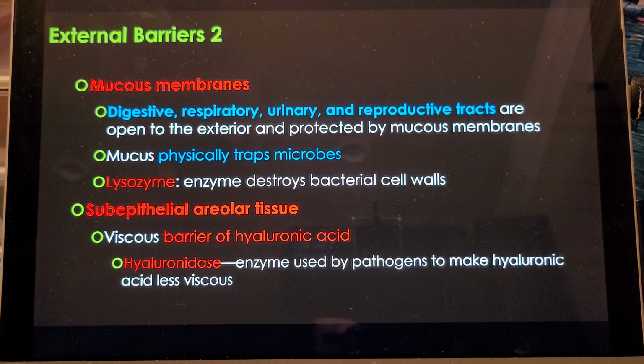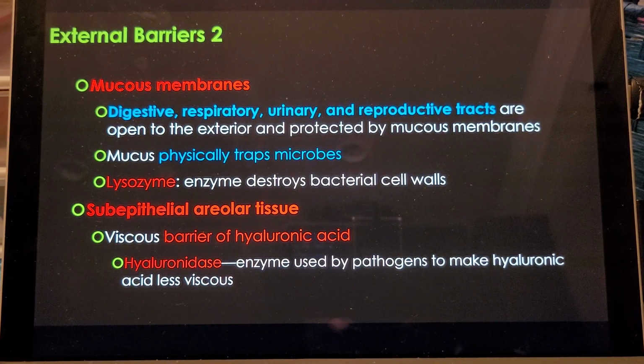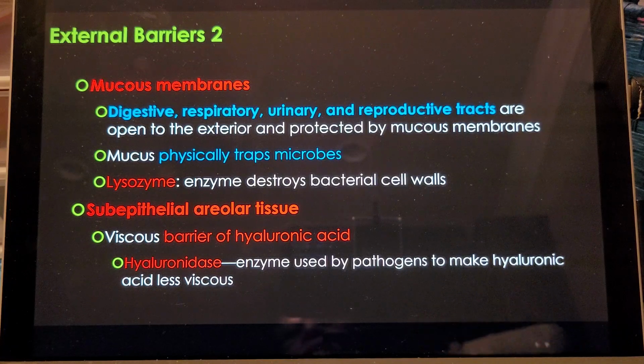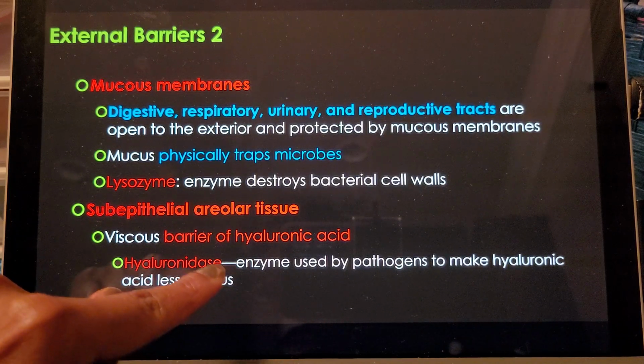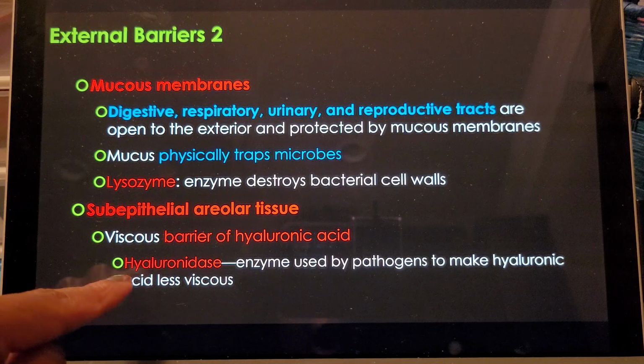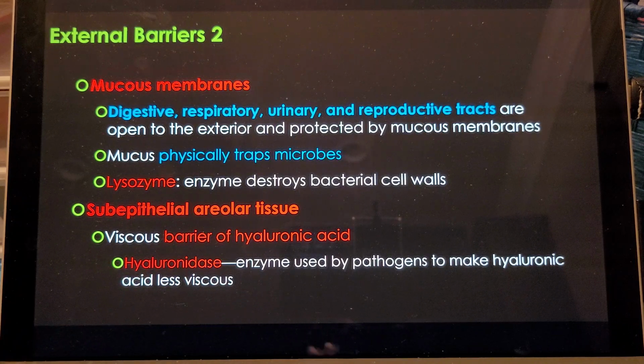White blood cells can hang out there and do their job, but there's also hyaluronic acid to help make everything thicker in that tissue and help to keep pathogens from being able to move deeper into your body. Some pathogens actually have an enzyme to break down this hyaluronic acid and therefore make that area less thick and less able to trap them.